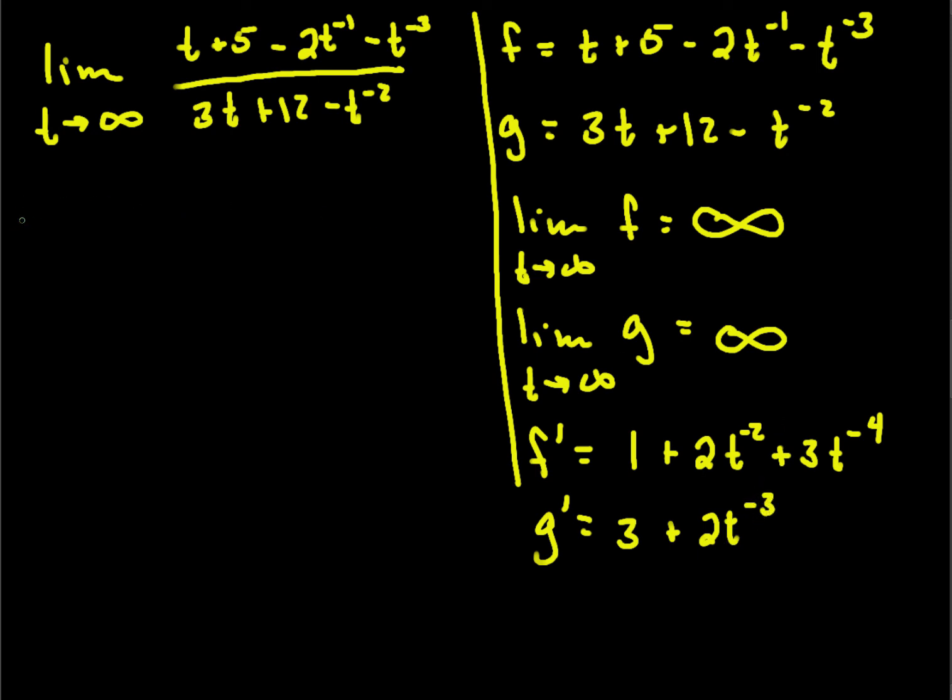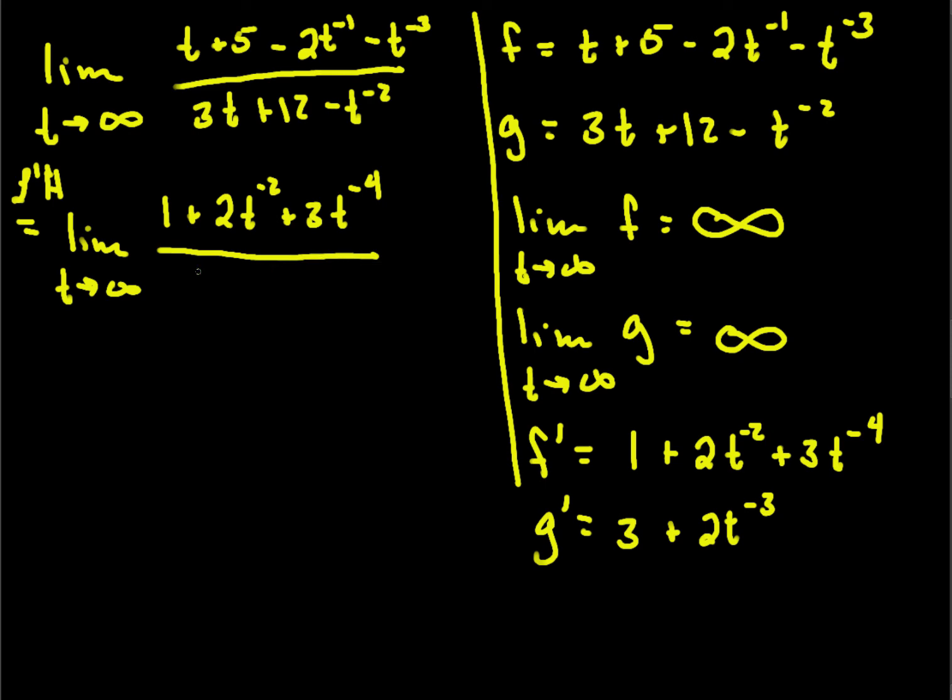So coming back over here, using L'Hopital's rule, this is the limit as t goes to infinity of the derivative, so 1 plus 2t to the negative 2 plus 3t to the minus 4, divided by 3 plus 2t to the minus 3. And now what do we have here?